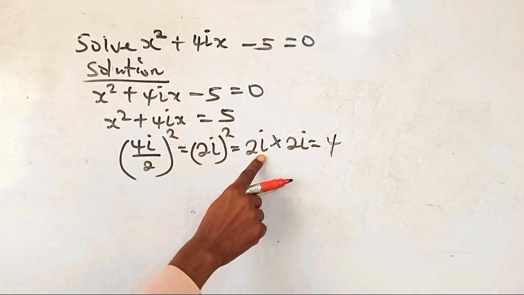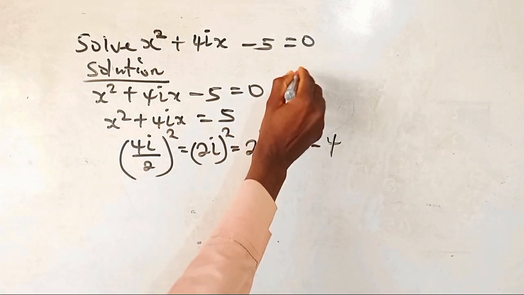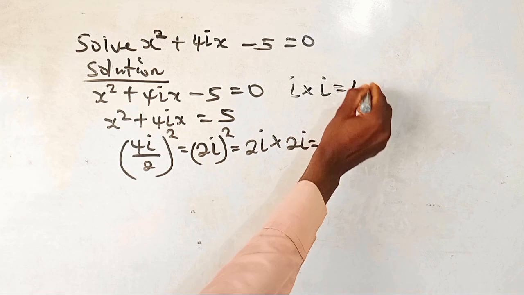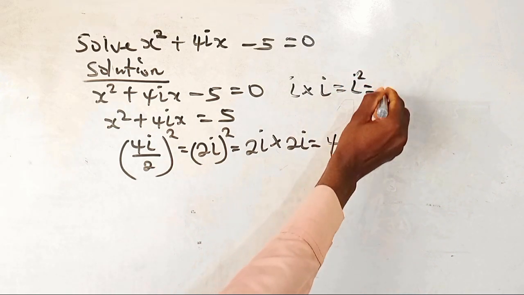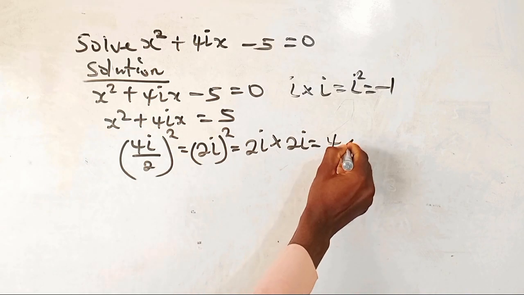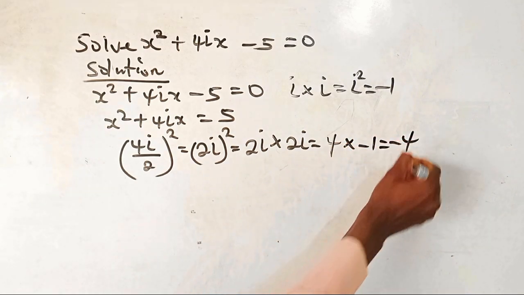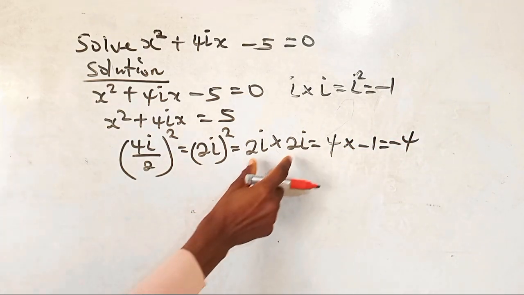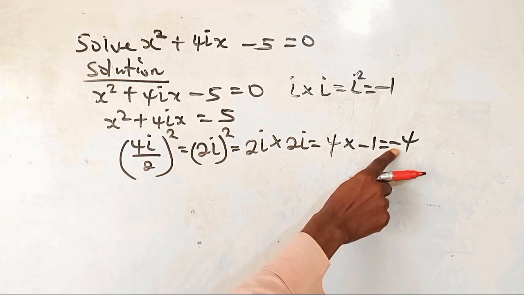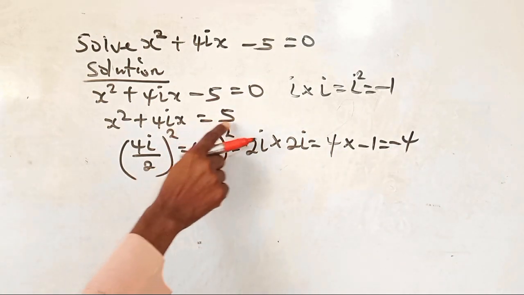In our complex number, we have 2i, and when we multiply the same i, we have i squared, which equals minus 1. So we have 4 times minus 1, which is minus 4. So the result of this is minus 4.